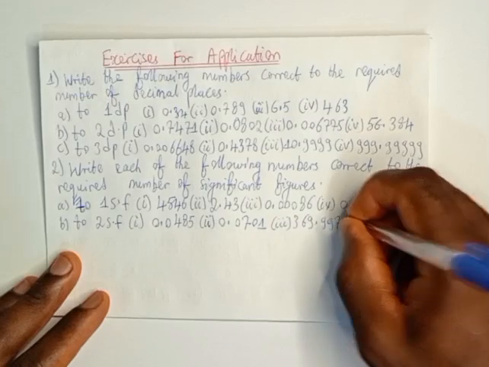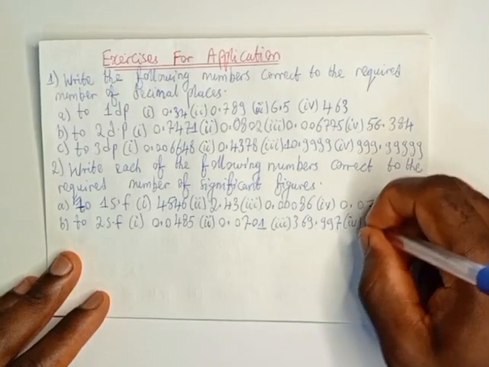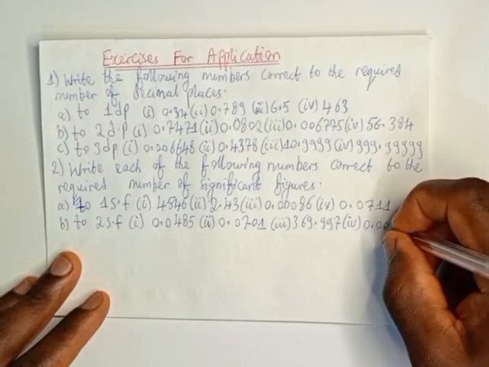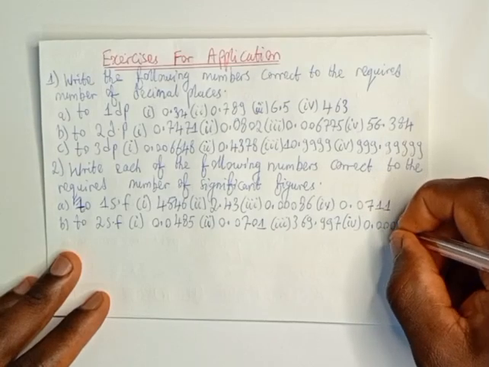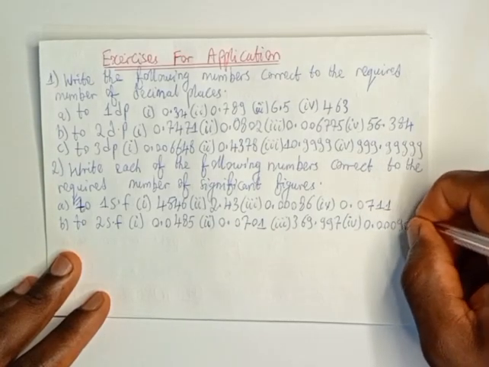And lastly, for IV, we have the number 0.0009097.